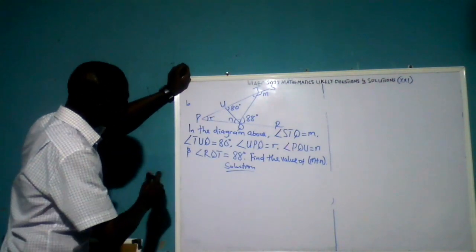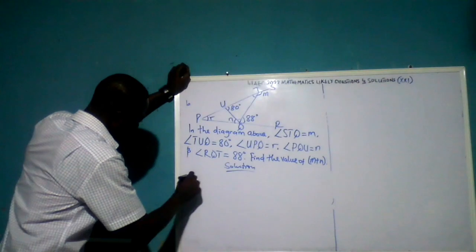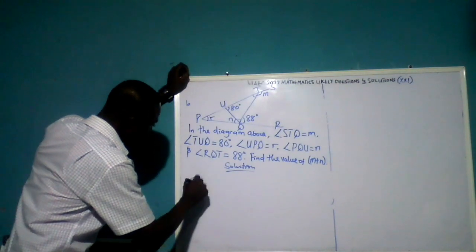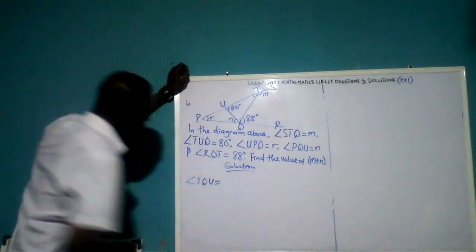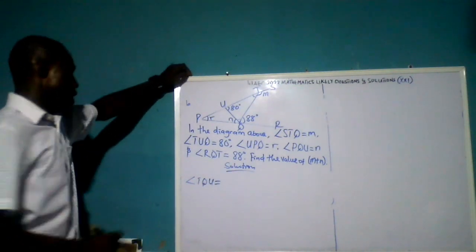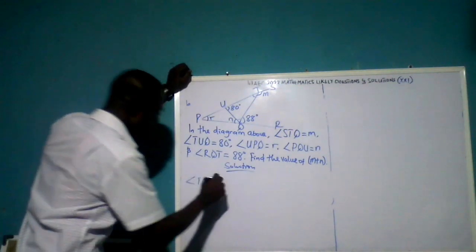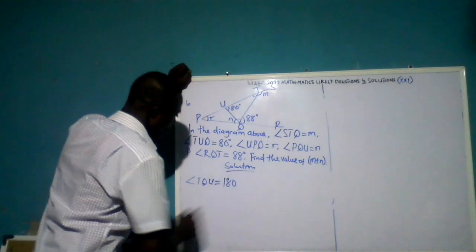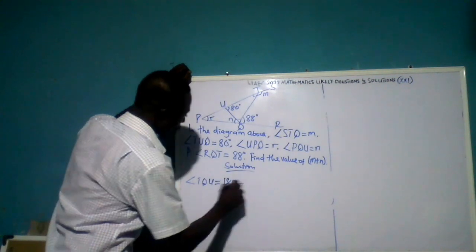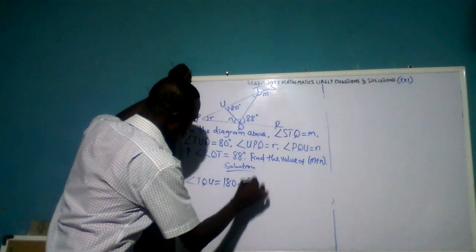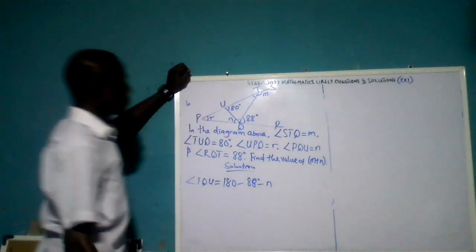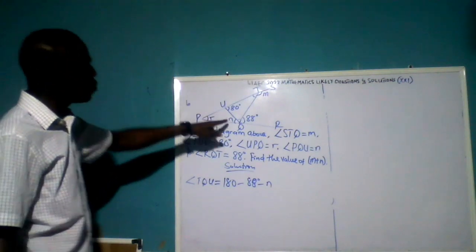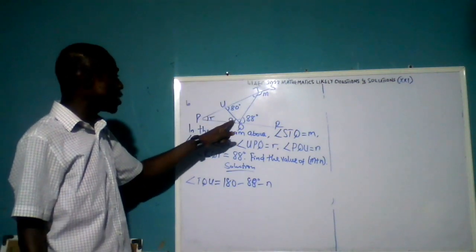The angle enclosed by TQU at Q will be equal to 180 degrees minus 88 degrees minus n. Why? Because the sum of angles on a straight line is equal to 180 degrees.